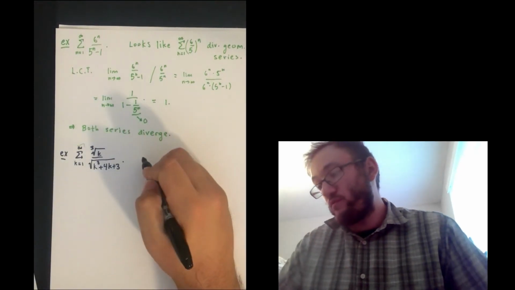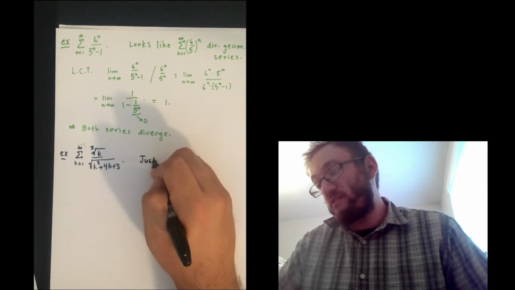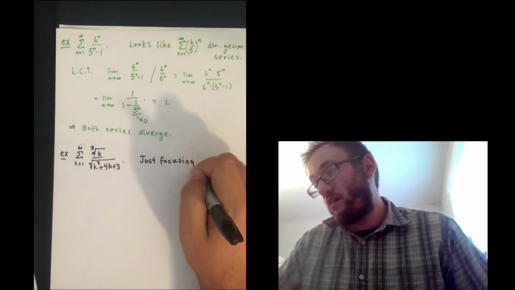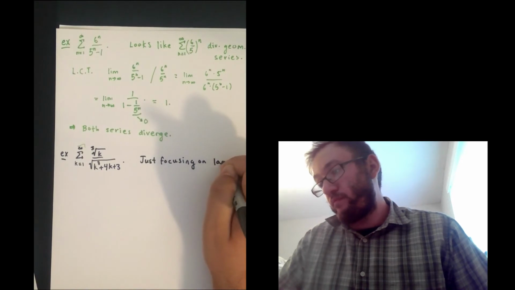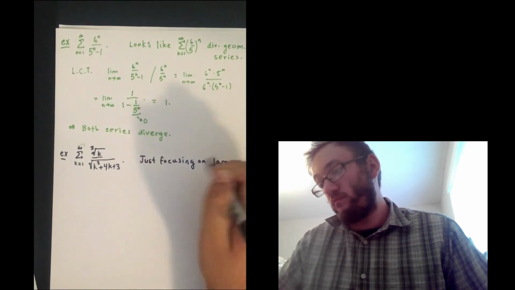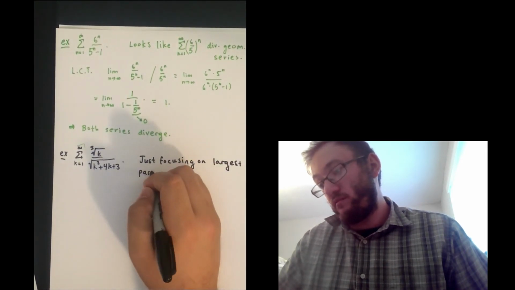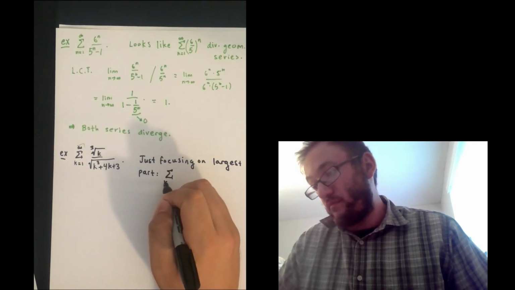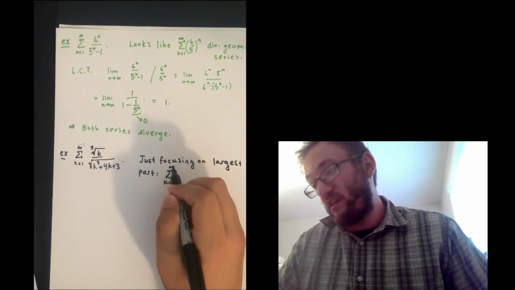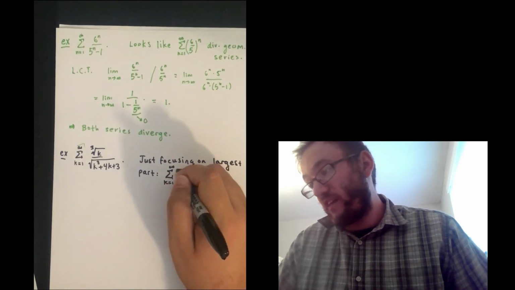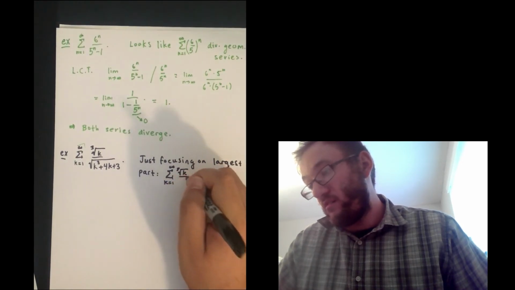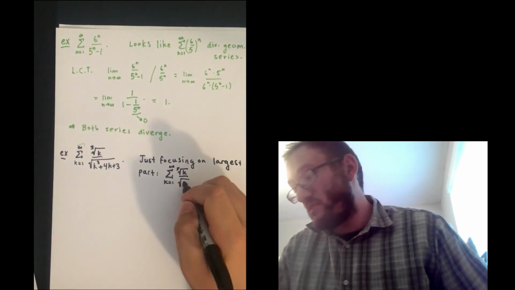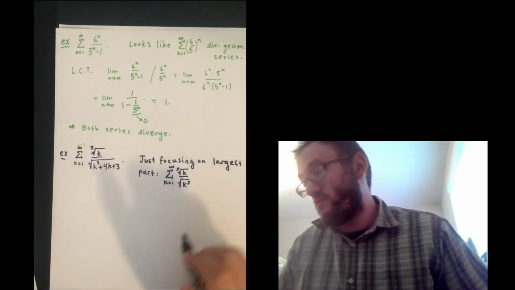So just focusing on the largest part, this would be the sum from k equals 1 to infinity of cube root of k divided by square root of, and I'm going to ignore the last two terms and just take square root of k cubed.